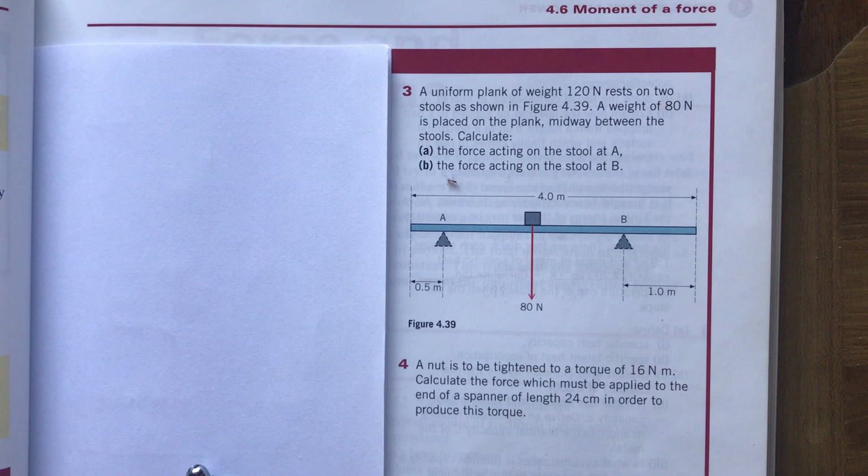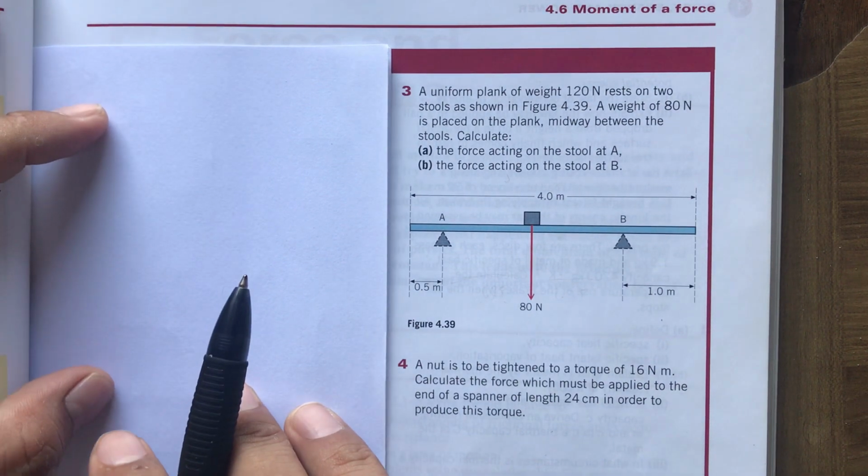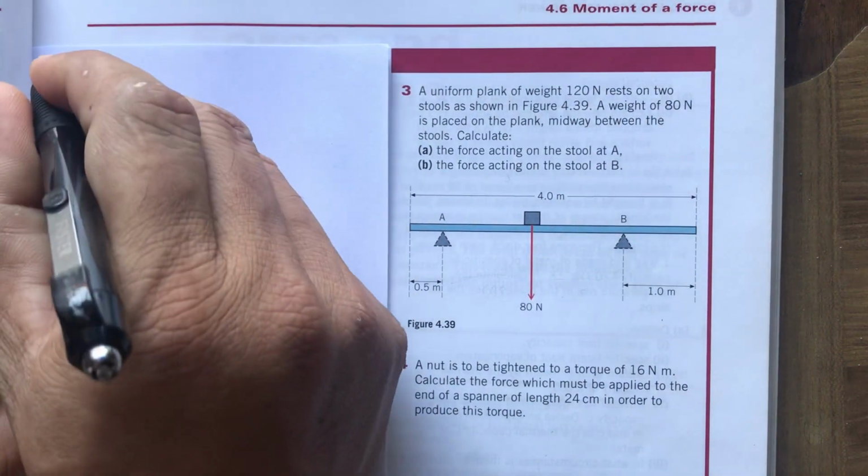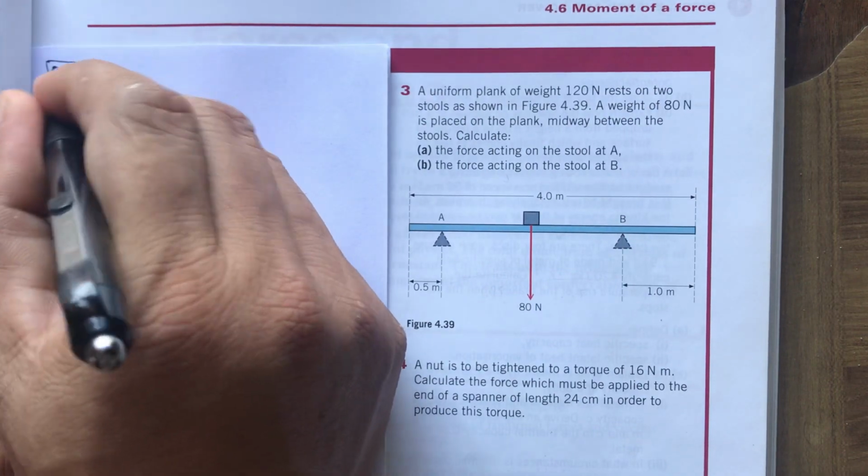Calculate the force acting on the stool at A and the force acting on the stool at B. Actually, this is about the normal contact force at points A and B. Okay, now we need to draw this diagram.